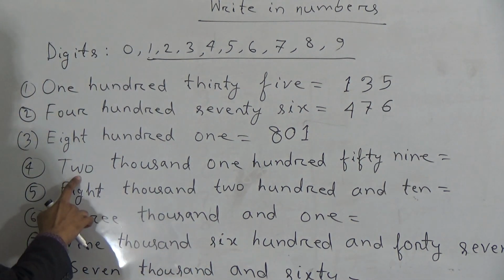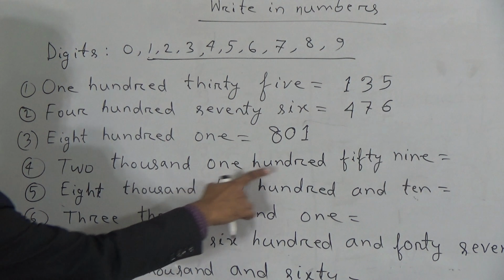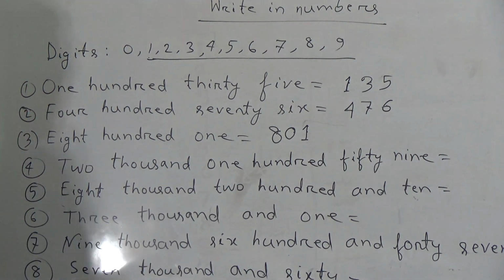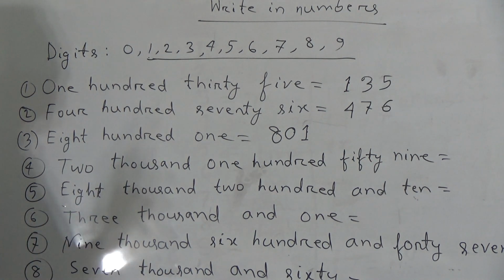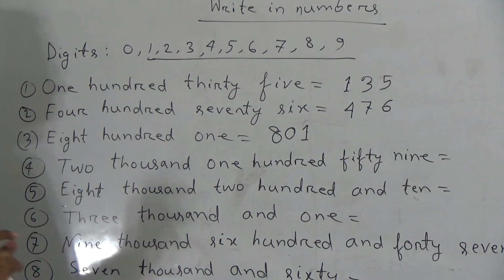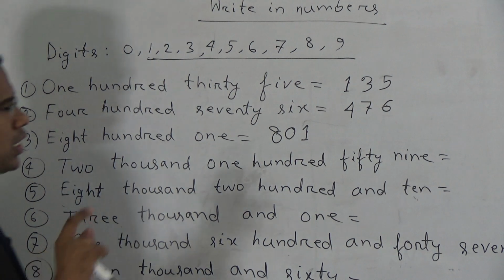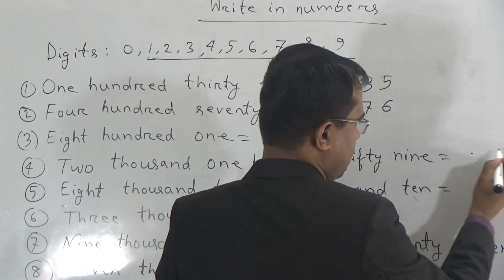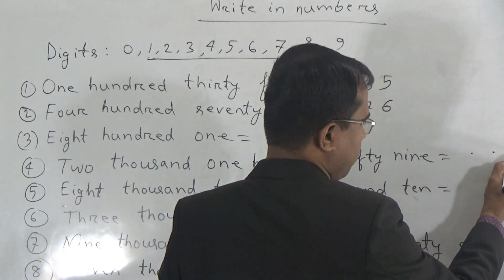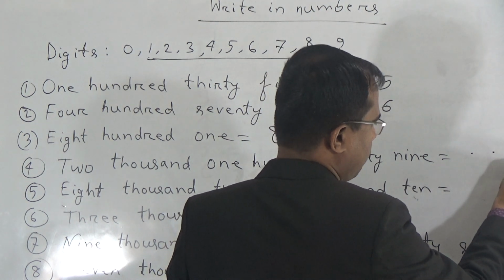Now 2159. Here the highest place is thousands place. So we have to take a total of 4 places: ones place, tens place, hundreds place and thousands place. This is for thousands place, this is for hundreds place, this is for tens place and this is for ones place.